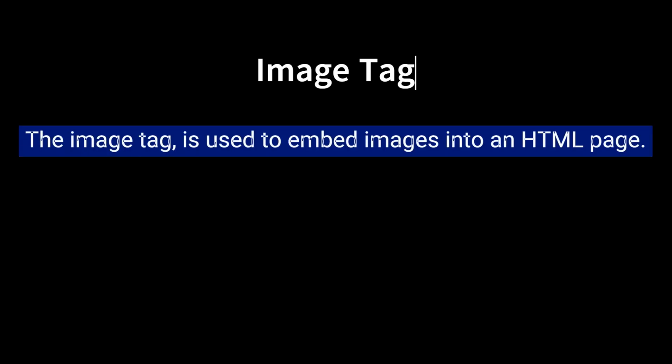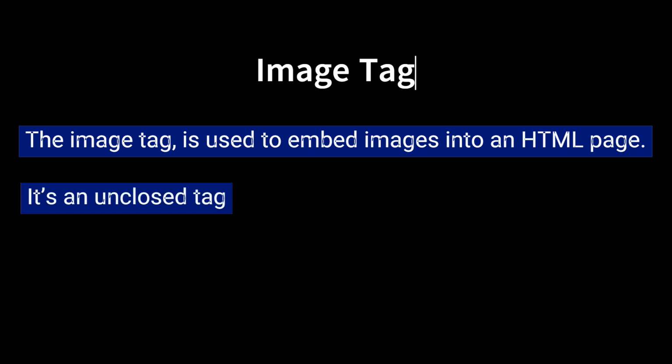Next, let's discuss the image tag. The image tag is used to embed images into an HTML page. It's an unclosed tag. In our previous video, we discussed unclosed tags and mentioned the image tag briefly, and said we'd cover it in our upcoming videos. As said, today we're going to dive deeper into the image tag.